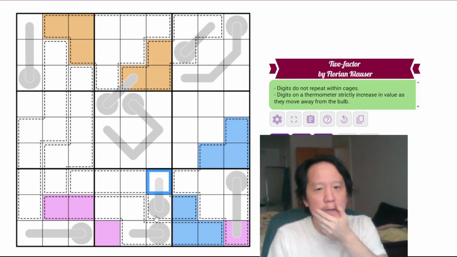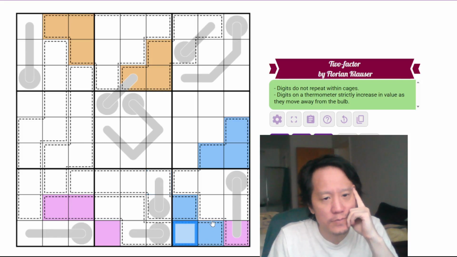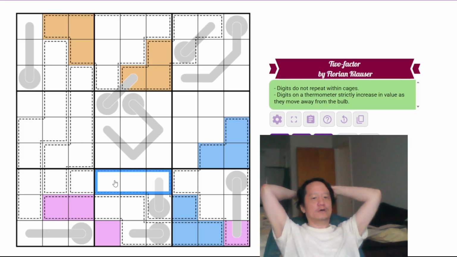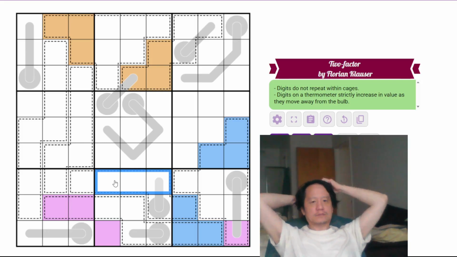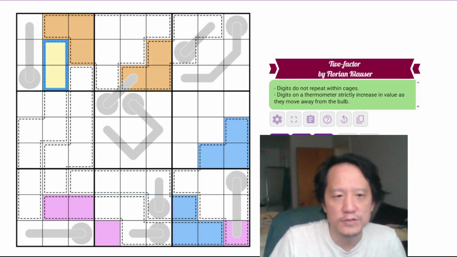Which means in row 6, one of them is here and one of them is here. So similarly, we have these 2 cells, right? Which have to be the same as this and this.